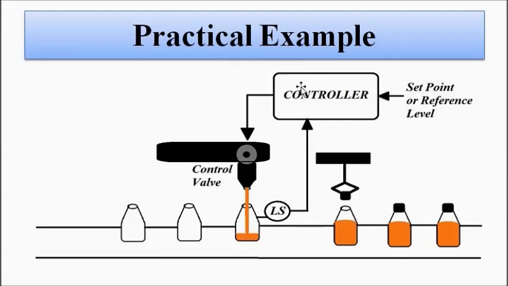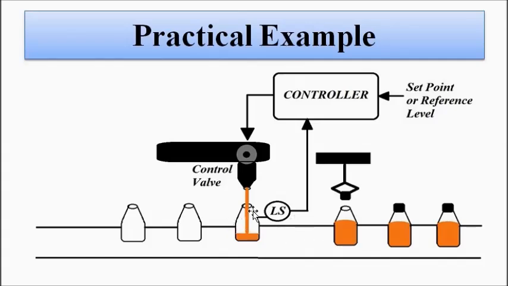Depending on that, the controller adjusts the valve through which the juice flows into the bottle. So it regulates the position of the valve, which adjusts the flow rate of the juice flowing into the bottle. When the juice reaches the level defined by the set point, the valve stops the flow of juice and the bottle moves on.